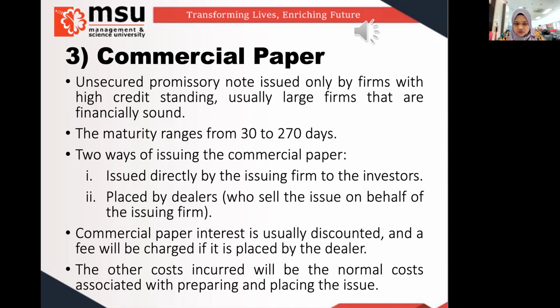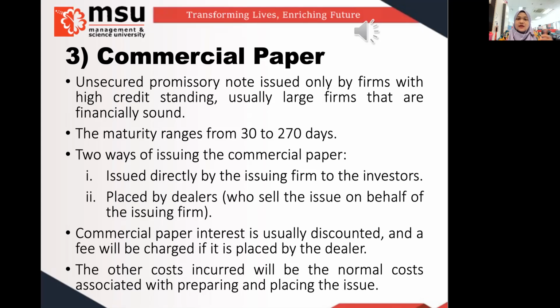So commercial paper interest is usually discounted. What is the meaning of interest discounted? It means that the interest payment will be deducted before you receive the amount of money. So that is the meaning of interest discounted. And a fee will be charged if it is placed by a dealer.